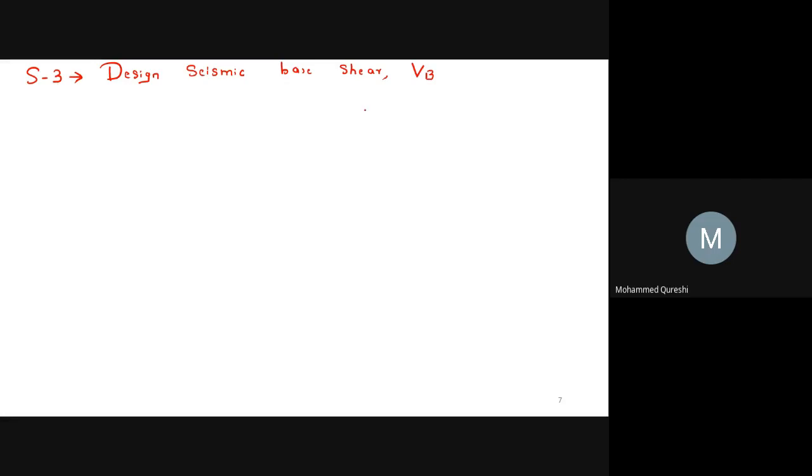So according to IS 1893 Part 1 2002, page 24, clause 7.5.3, we have the formula of base shear as VB equals AH into W.